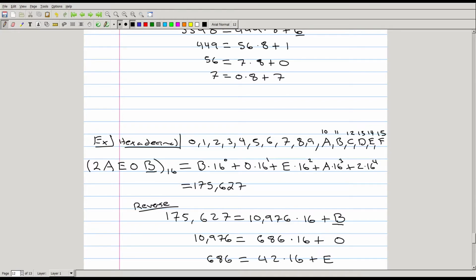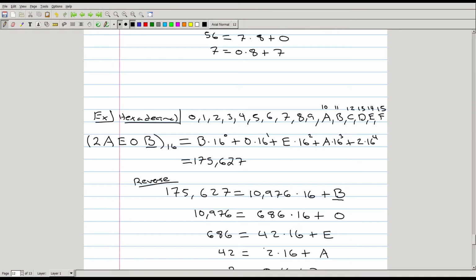Dividing 10,976 by 16 gives us 686 times 16 plus 0, which is the next digit in this expression. 686 divided by 16 gives us 42 times 16 plus 14, or e, which is the next digit.